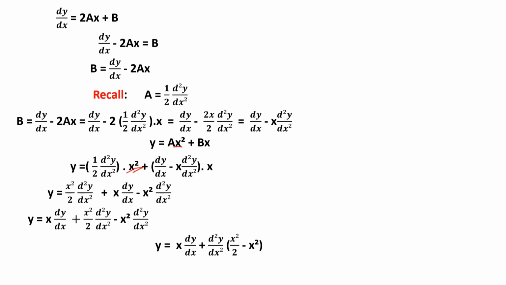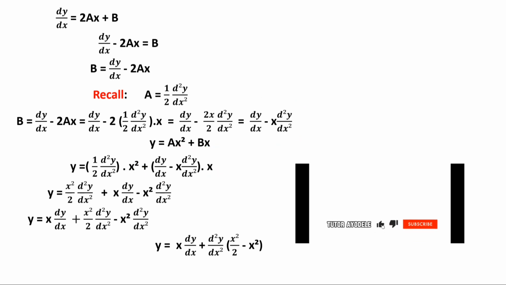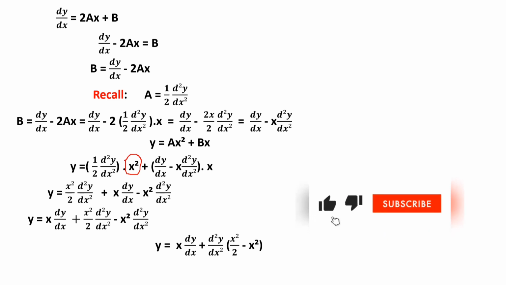Okay. Now what about B? I need to replace this B. So I'm replacing B with this now. You can see it here. While the x here beside this B remains the same. Okay. So if I use this x square here to multiply this 1 over 2, I will have it to be x square over 2, while the d square y over dx square remains the same, just as you can see it here.